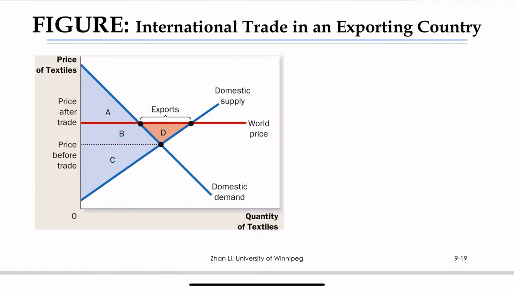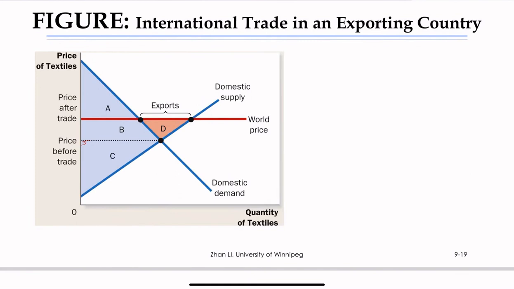Now, how will the price change? You can see that after Iceland decides to become an exporter, the price will increase from the dashed line to this red line, right? That is, the domestic price in Iceland will be the same as the world price after Iceland decides to become an exporter.